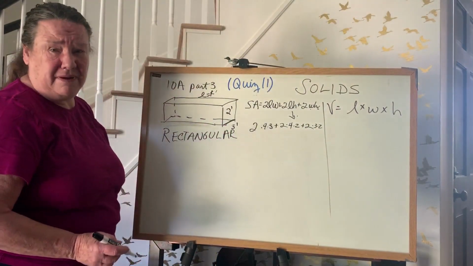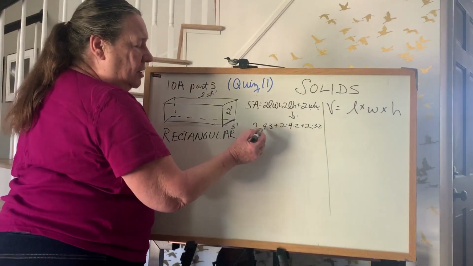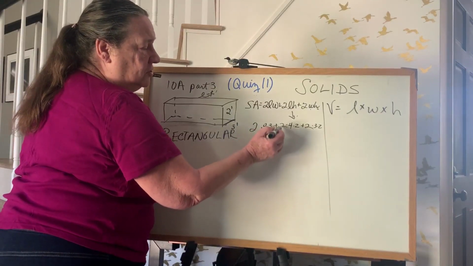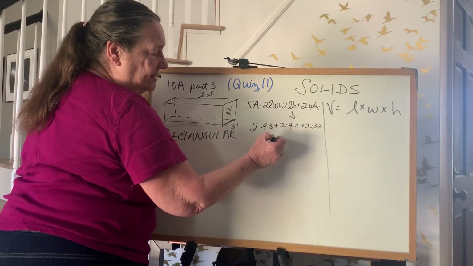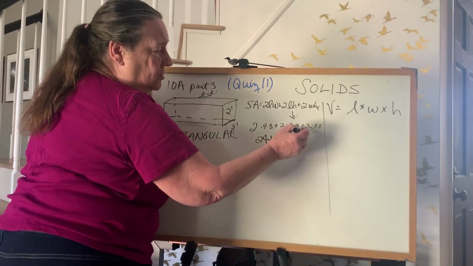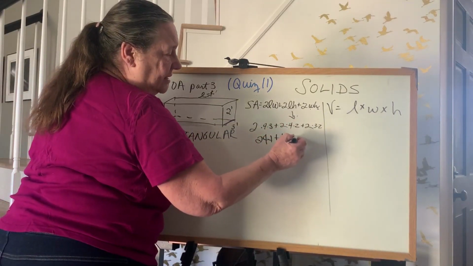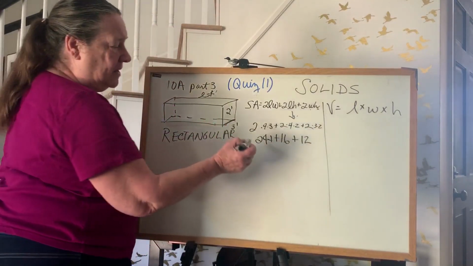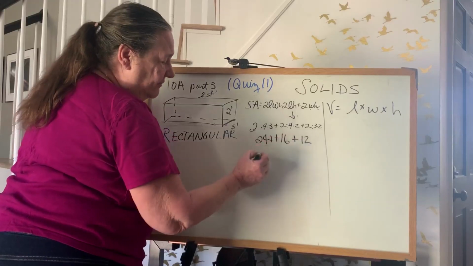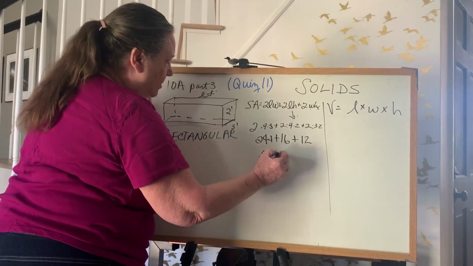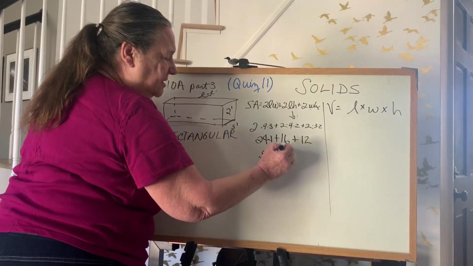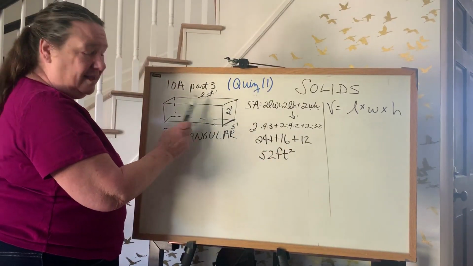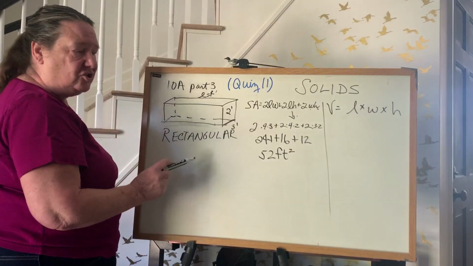And they can be in any order, of course. 2 times 4 times 3 is 24. 2 times 4 times 2 is 16. 2 times 3 times 2 is 12. 40, 52 feet squared, because area is a squared relationship.